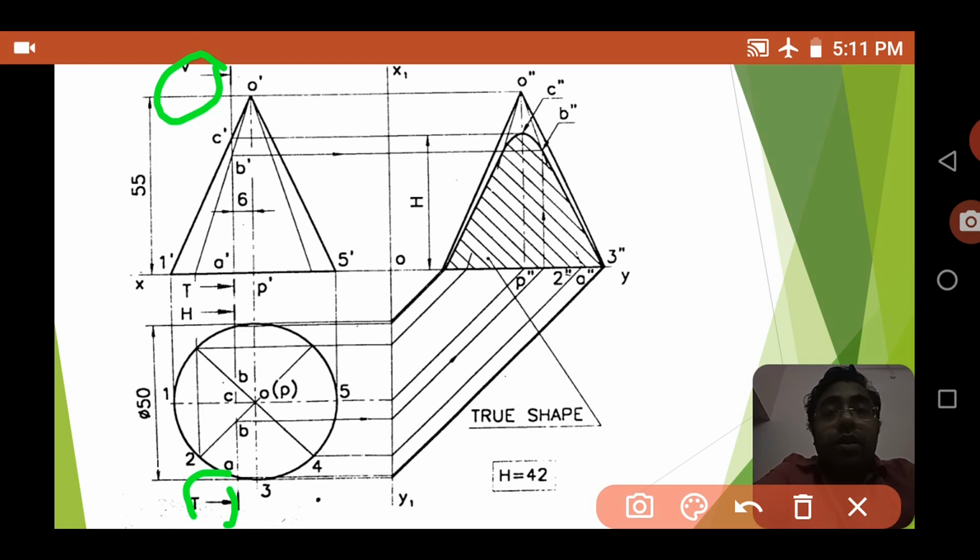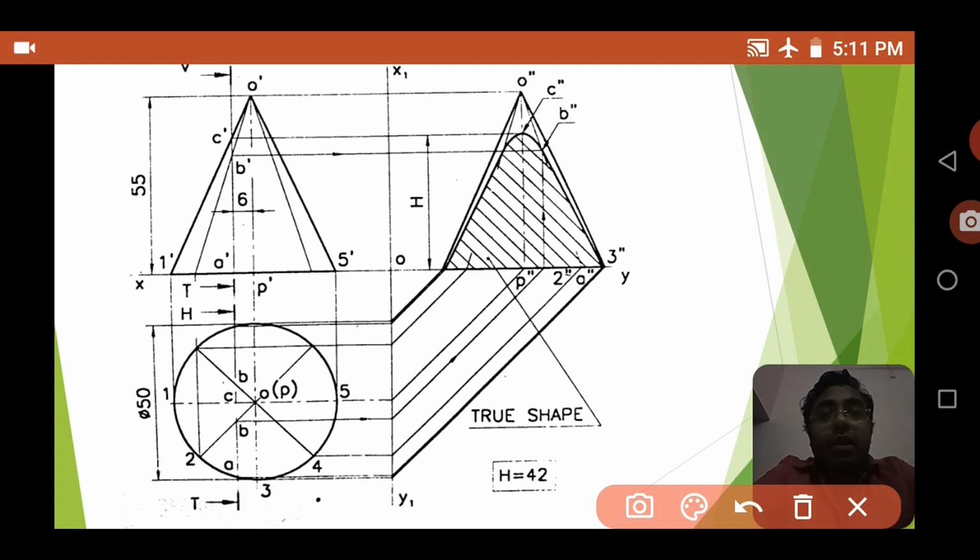This line you have to mark because it is already said that the plane is perpendicular to both HP and VP. Here you can see a cutting plane which is perpendicular to both VP and HP.